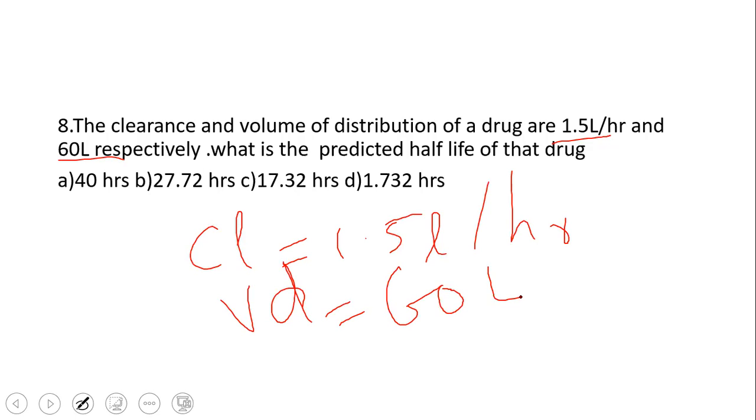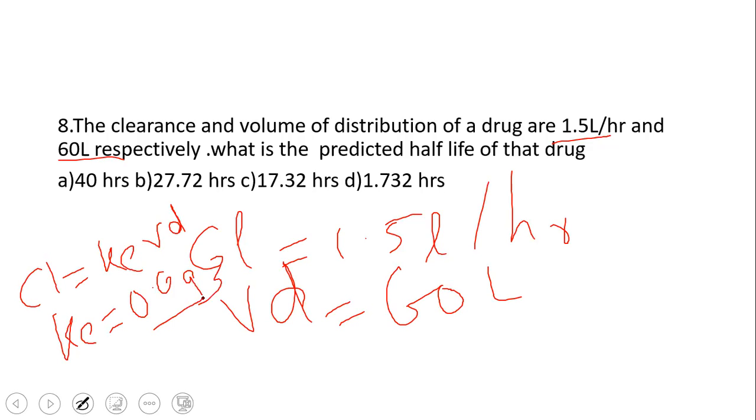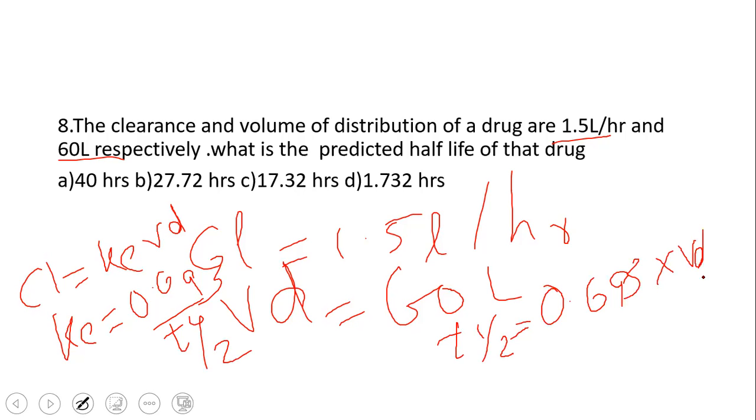We have the formula Cl equals Ke into Vd. Ke we all know: Ke equals 0.693 divided by T half. So rearranging, T half equals 0.693 into Vd divided by Cl.